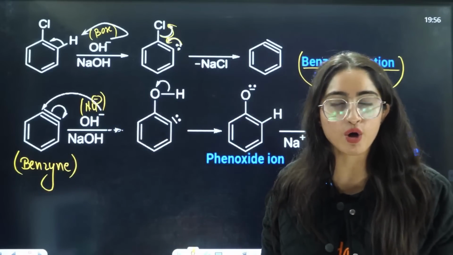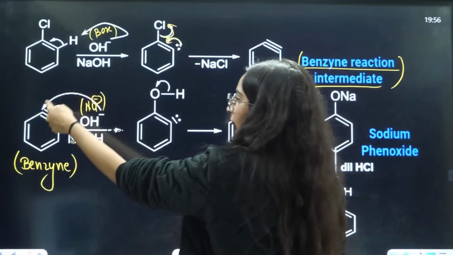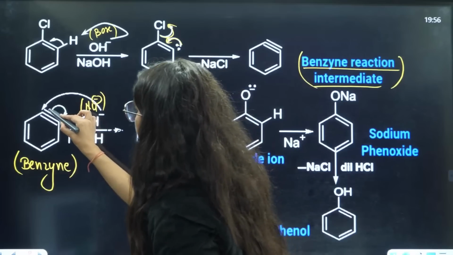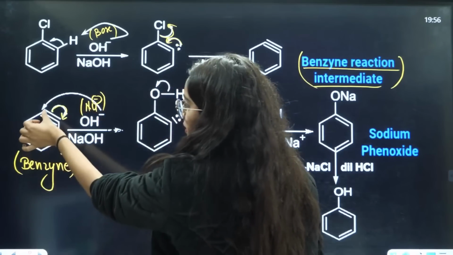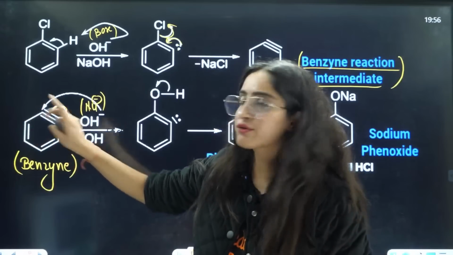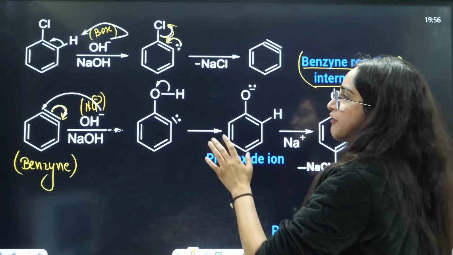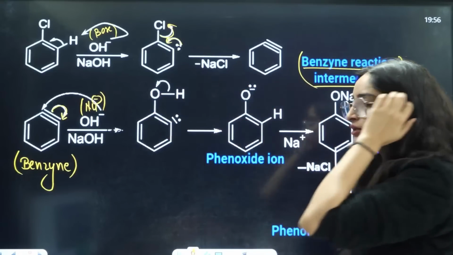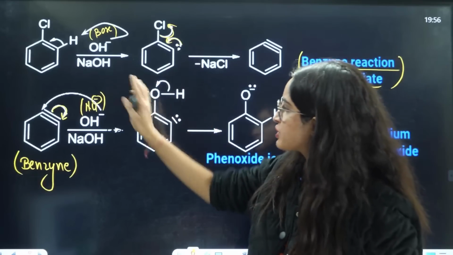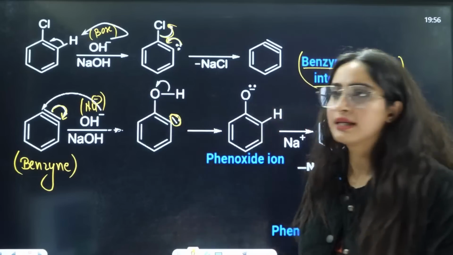It will attack on this, and the electrons will be shifted here, creating a deficiency of electrons over here. So it will attack here and hence you will have the formation of OH here. Till here we have the formation of OH, but what to do with this negative charge?